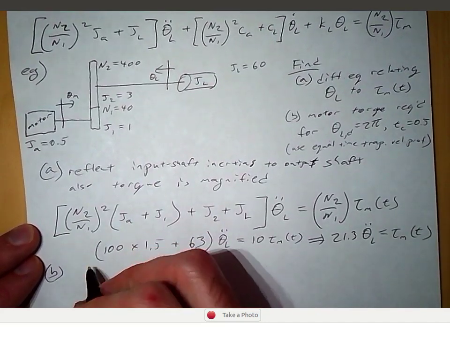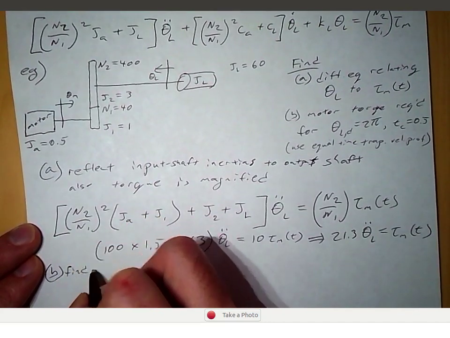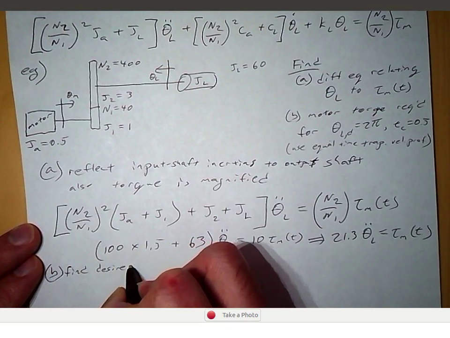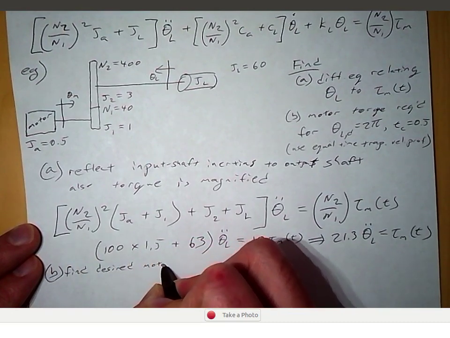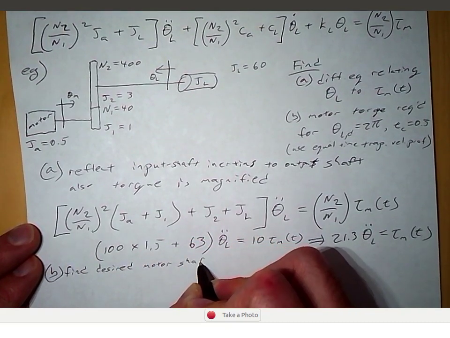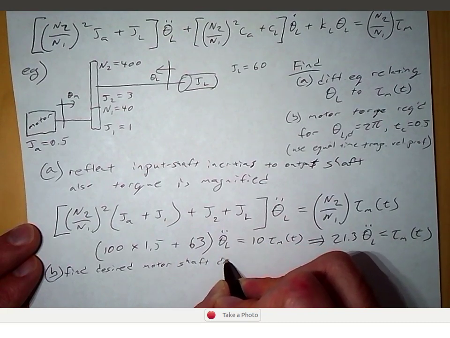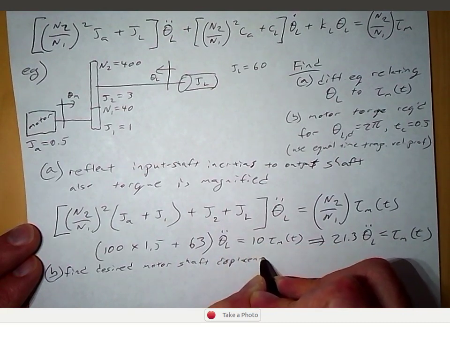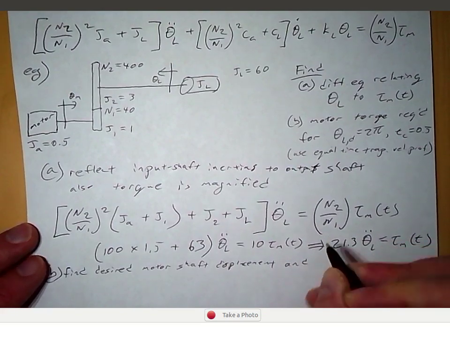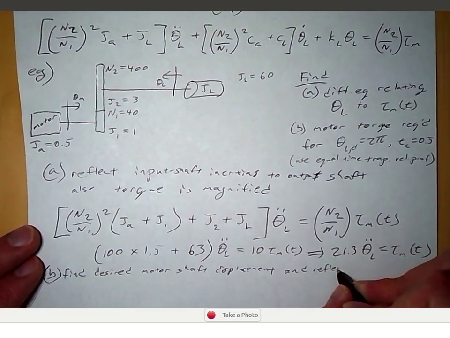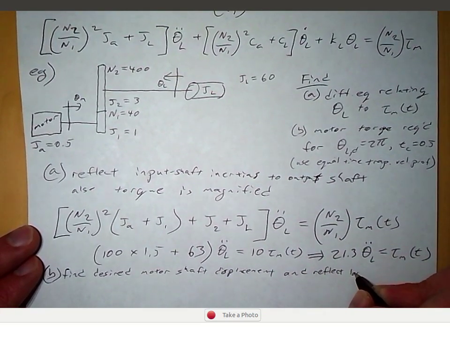Now for part B, we want to get the motor torque required. So our first step is going to be find the desired motor shaft displacement. And then we're going to reflect the load shaft inertias.